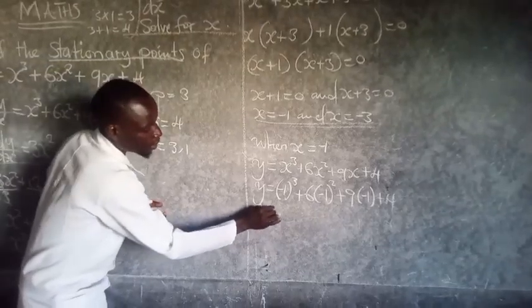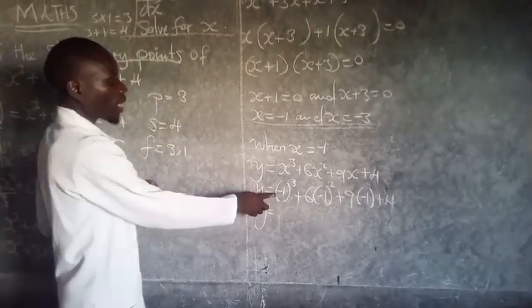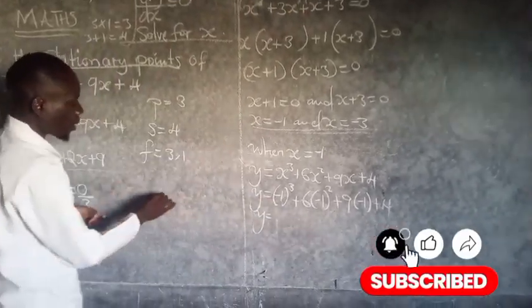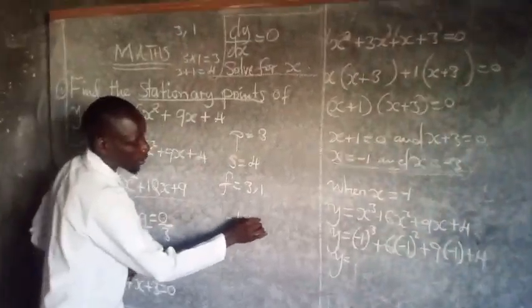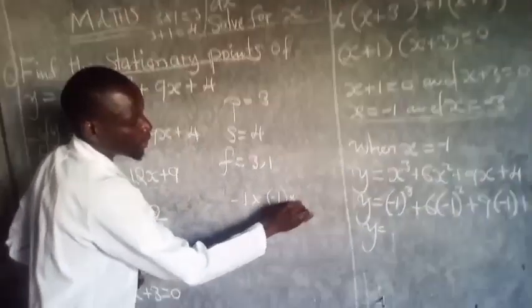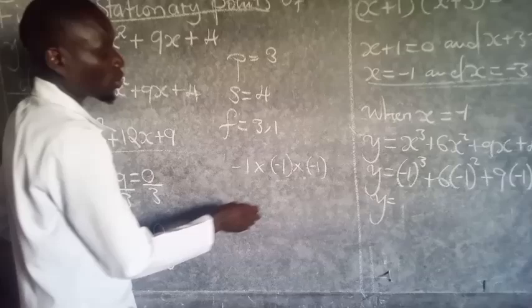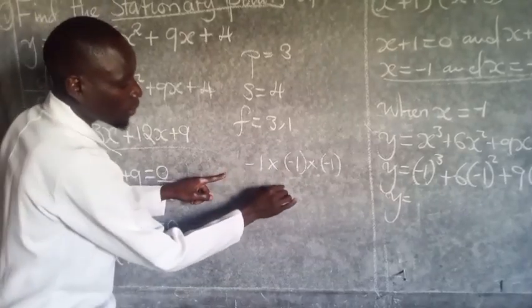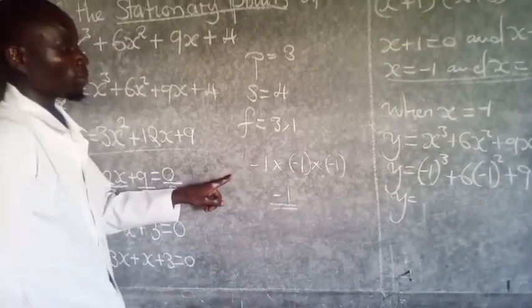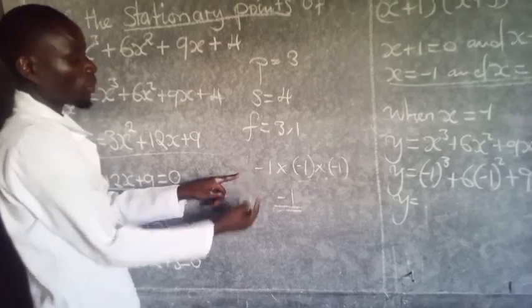Thereafter, y is equals to, when you multiply negative 1 three times, negative 1 times negative 1 times negative 1, the answer will be negative 1, because negative 1 times negative 1 is positive 1.